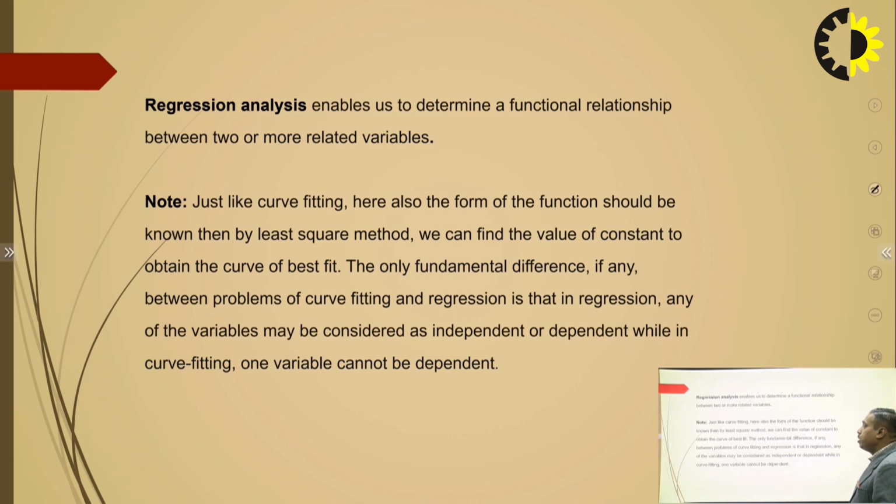In curve fitting we use the method of least squares, and we can find the values of the constants to obtain the best-fit curve. That is, if x is given, y is to be fitted by curve fitting.